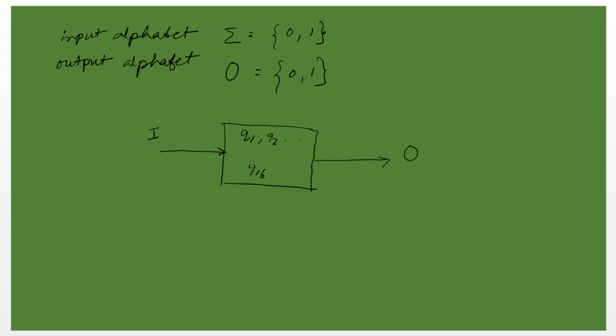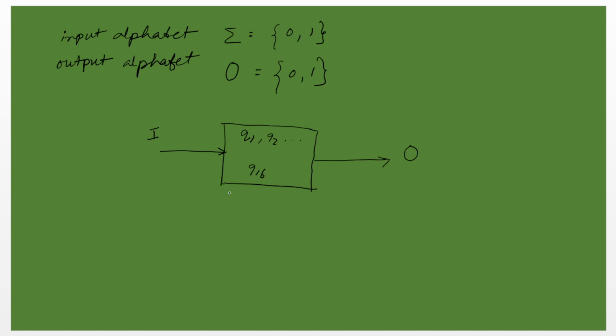That means we can represent this 4-bit SIPO register by using this. These are the inputs, these are the outputs, and at any discrete instant of time, the automaton can be in any one of the states Q1 to Q16, because there are 16 states.